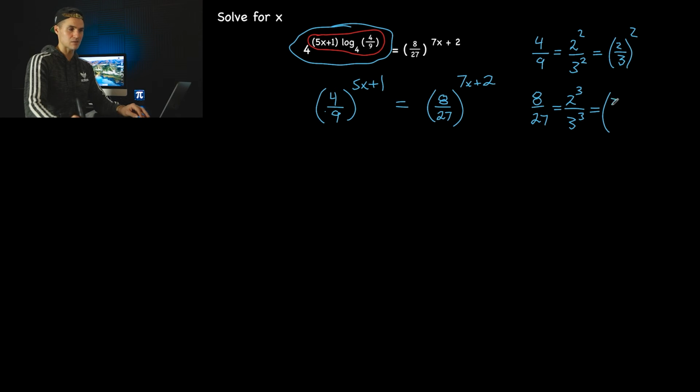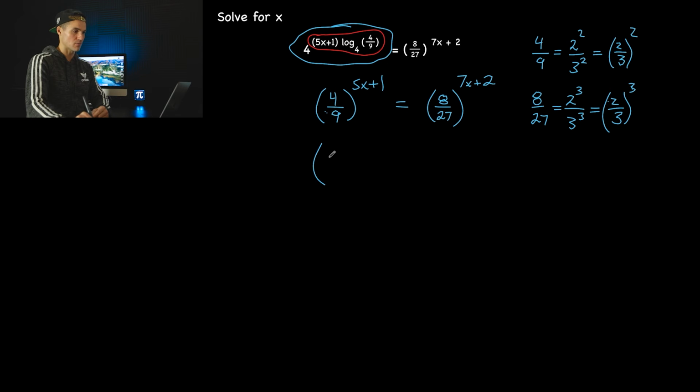And that's basically equal to 2 over 3 to the power of 3. If you ever had 2 over 3 to the power of 3, you would distribute the exponent to the numerator and denominator, and you'd end up with 8 over 27. And so notice that both of these fractions I can rewrite with the same base of 2 over 3. So that's what I'm going to do.